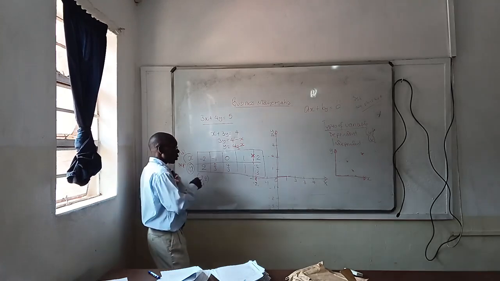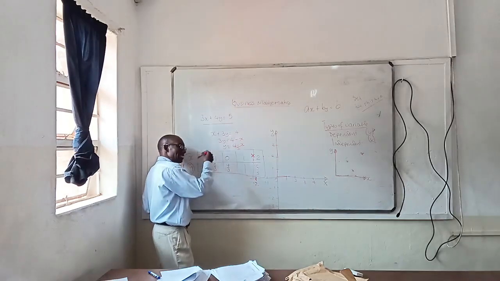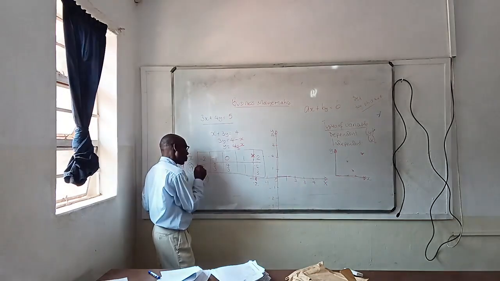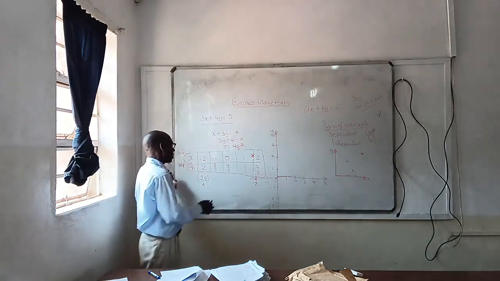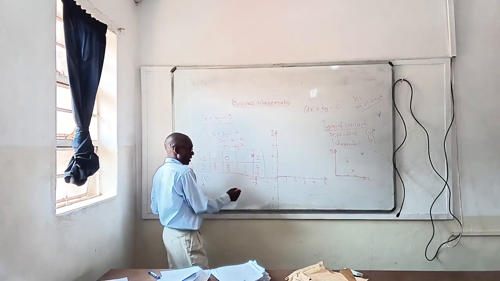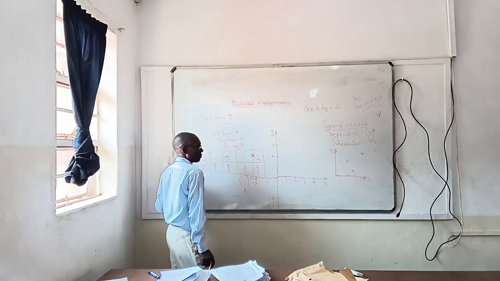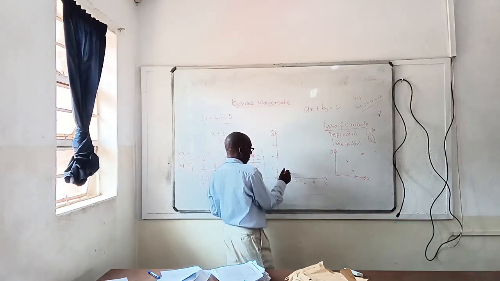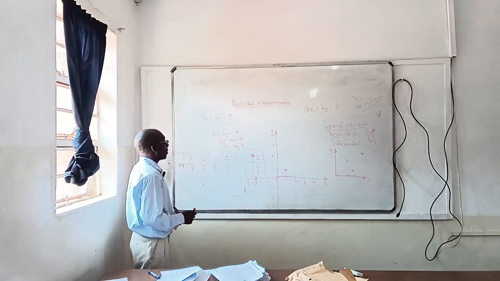Now, another point which is very easy for you to choose out of these points. I think you can take this one, 1, 1. So x is 1, y is 1. Make this point be point B. Now, how do we connect to come up with a line?